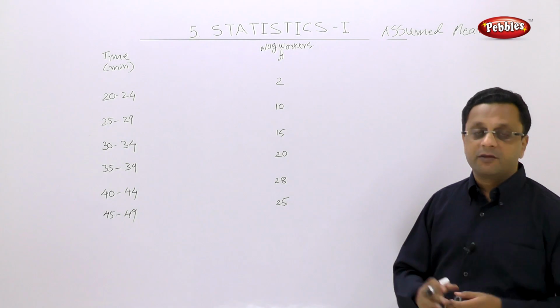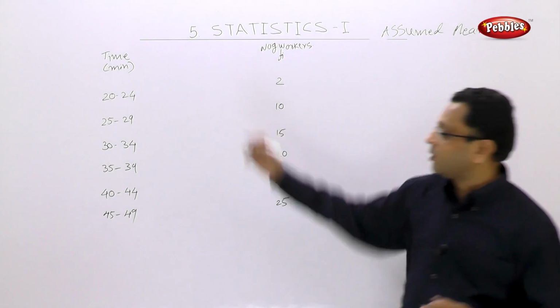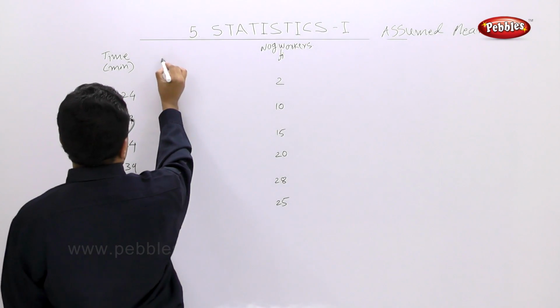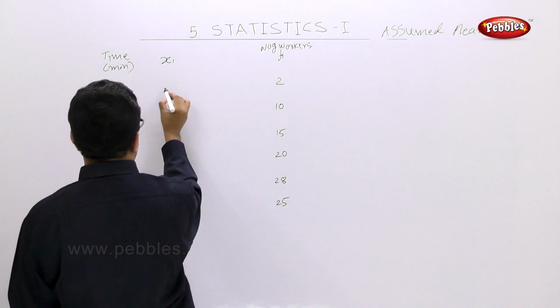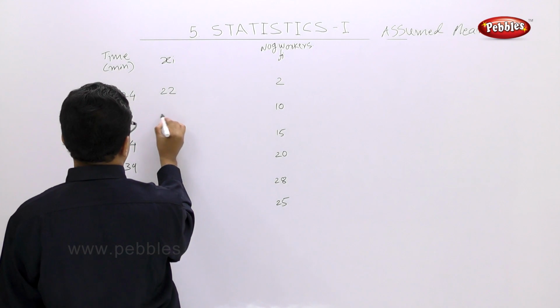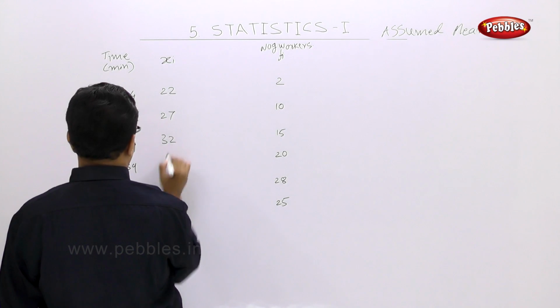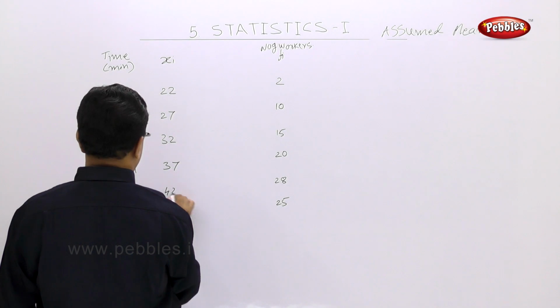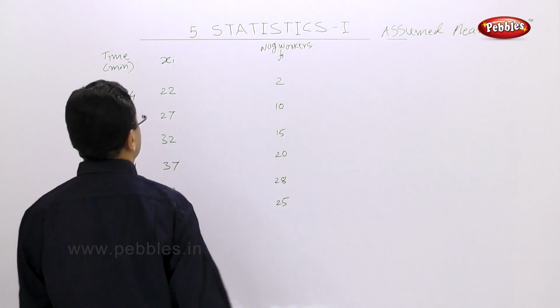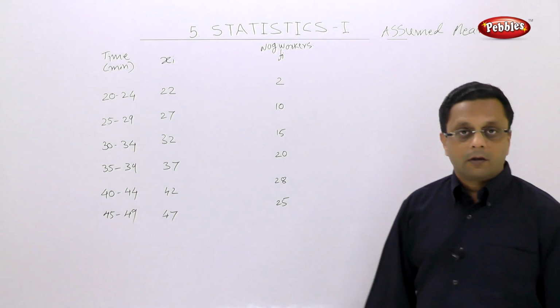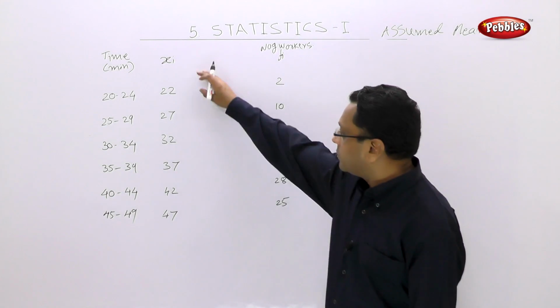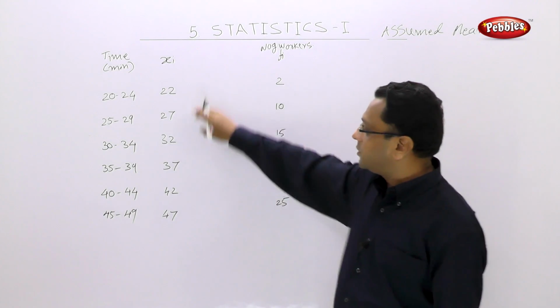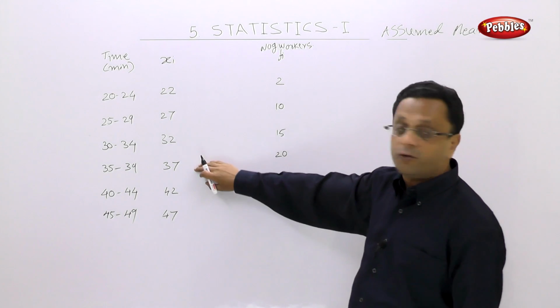What is the first step? The first step is to find the class mark, that is xi: 22, 27, 32, 37, 42, 47. Now we have to find some central value. Since there are 6 figures, I can take either 32 or 37.